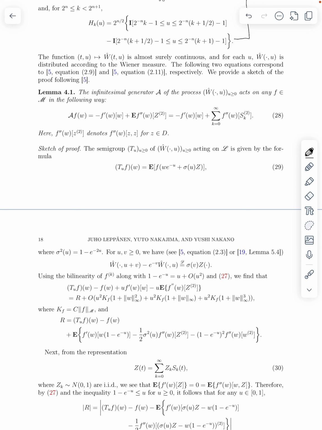The key point is that we have the infinitesimal generator of the process acting on any f, and we're going to show it's related to two things. One is a first derivative applied to w, and the other is the expectation of the second derivative with the 2-point process.